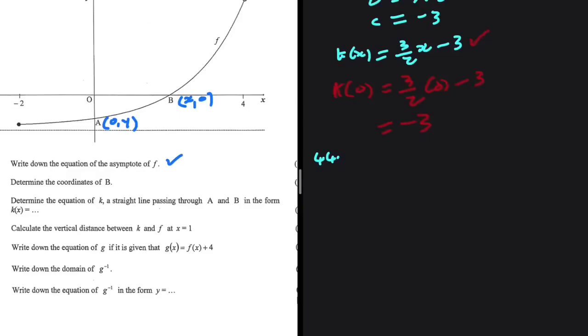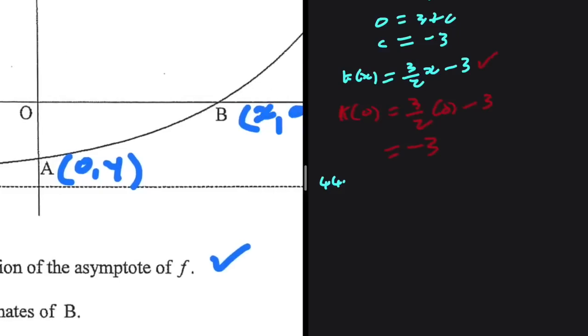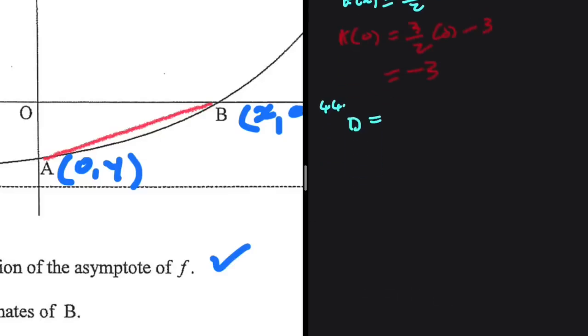Anyway, let's carry on. If you connect A and B, you should be able to see that k of x is above f of x between A and B, and that is where x equals 1 lies. x equals 1 is between A and B, so the distance will be k of x minus f of x.